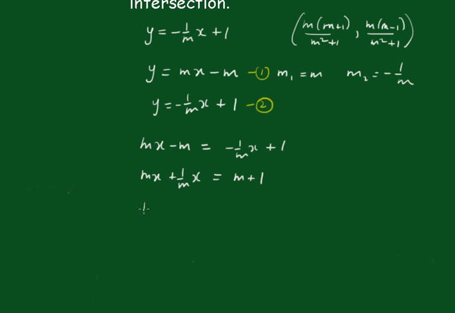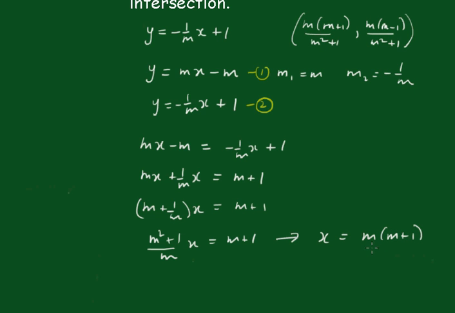So that becomes (m plus 1 on m) x equals m plus 1. And this of course becomes (m squared plus 1) over m, x equals m plus 1, which gives the result x is equal to m times (m plus 1) over (m squared plus 1), and that's what we had up here.